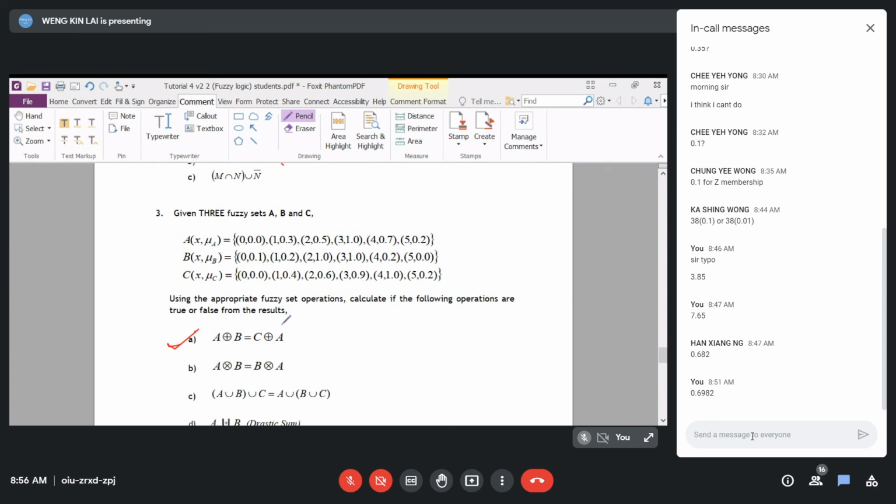So let's try the first one, A bounded sum with B. So first of all, add up the membership for A and B. Mu A plus mu B, right? So the first one will be 0.1, right? Add up these two. 0.5 over 2. This is over, sorry, this is over 0.